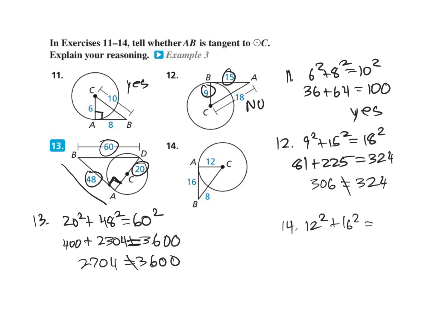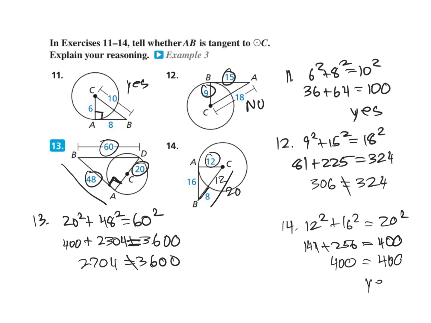Okay, so this is 12, so this must be 12, and this part right here is just 8, so the hypotenuse must be 20. So 144 plus 256 equals 400. Yes, it is a tangent. AB is tangent to the circle.